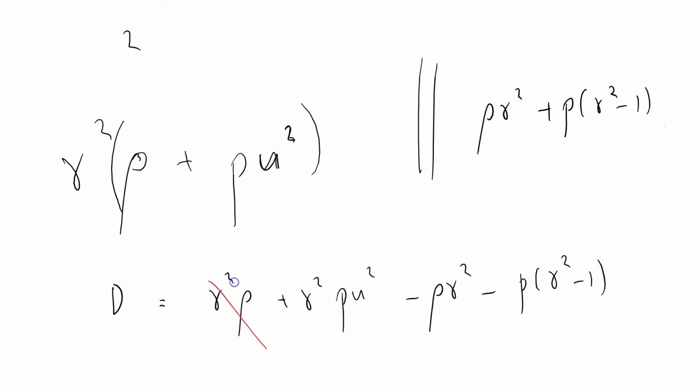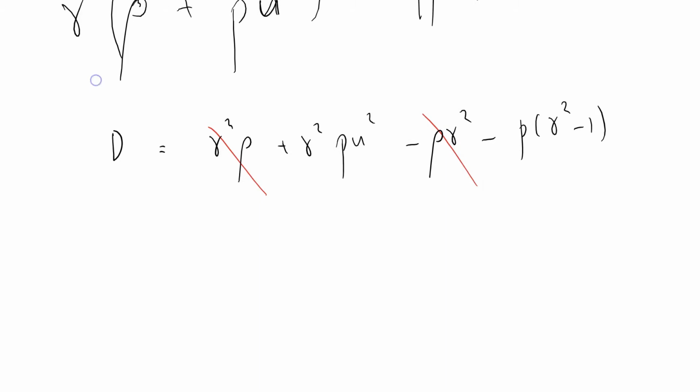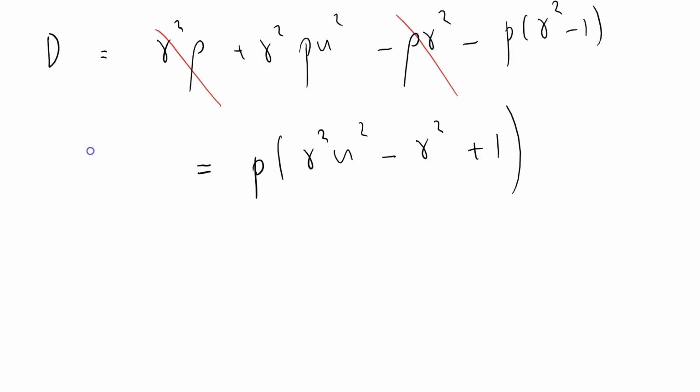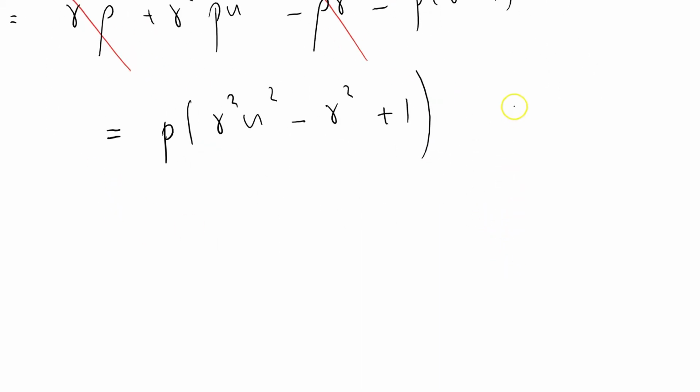So I can do some cancelling here. That's nice. And so that equals p into (gamma squared u squared minus gamma squared plus 1). Which again looks crazy, but then you remind yourself that gamma equals 1 over root 1 minus u squared.